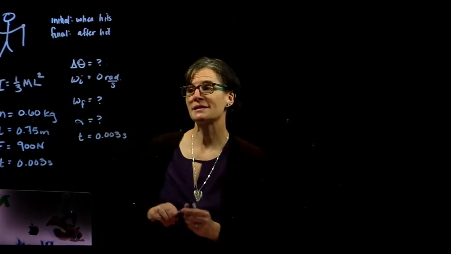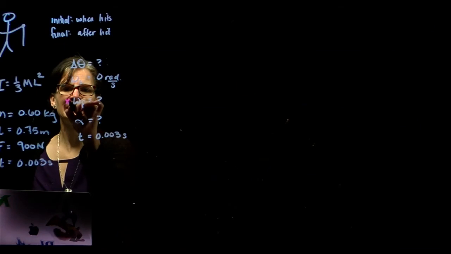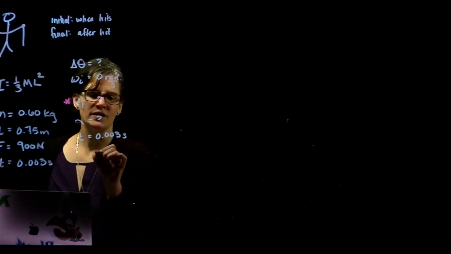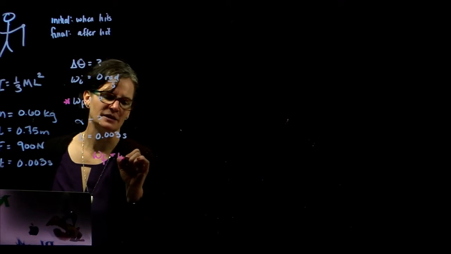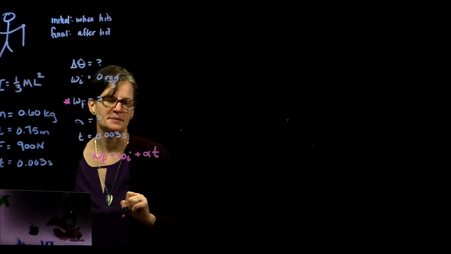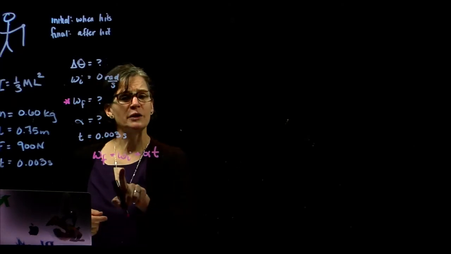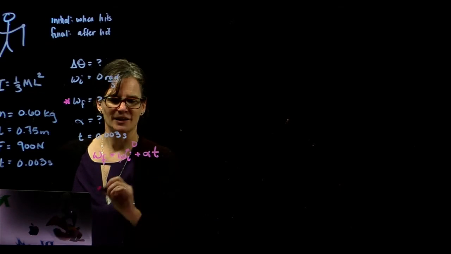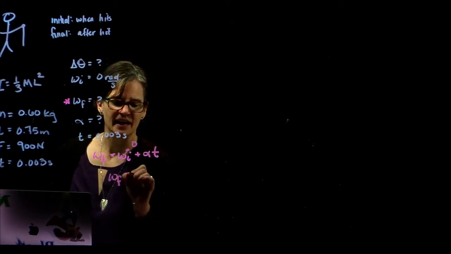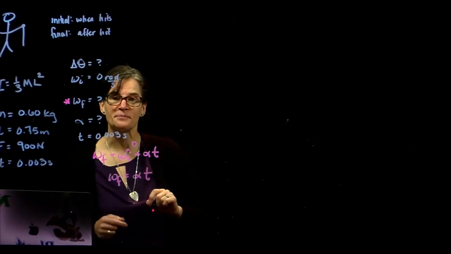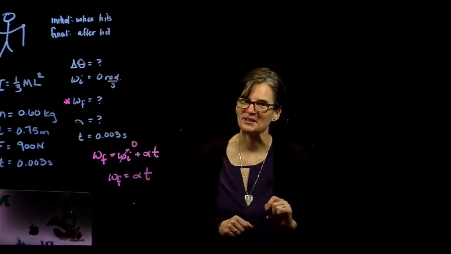Now, we're interested in this final angular speed. And so we know that our final angular speed is equal to our initial angular speed plus the acceleration times time. We know our angular speed initially is 0, so this term is going to go away. And if I then can know both my angular acceleration and my time, I can find my angular speed.